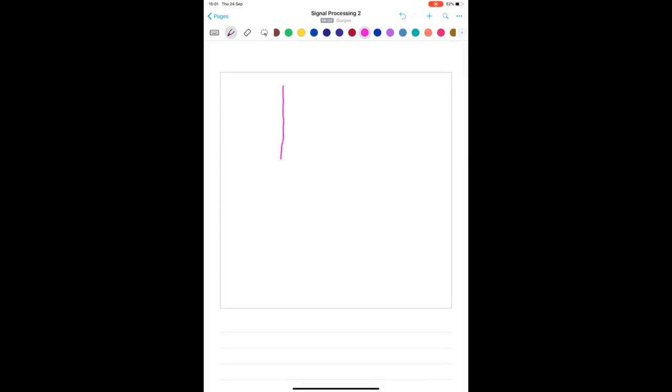the first one will be like this. This point is 1, this is 0, and the second one is like this, and this point is 1, this is 0.